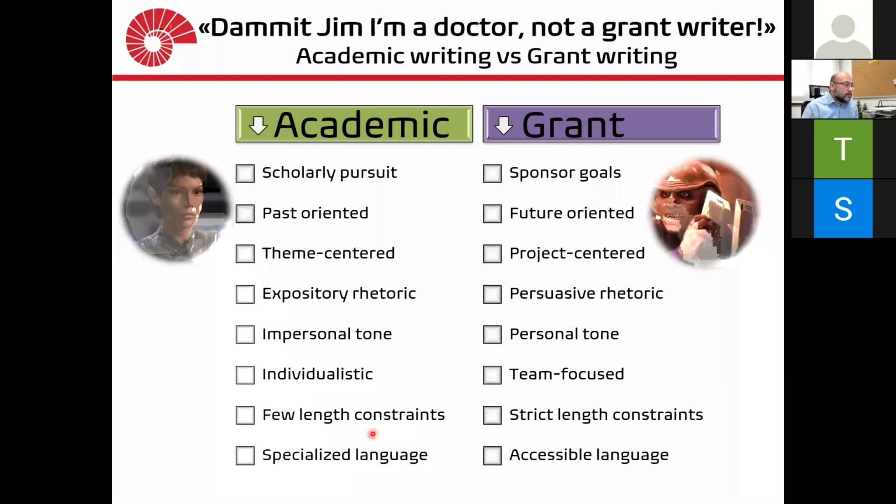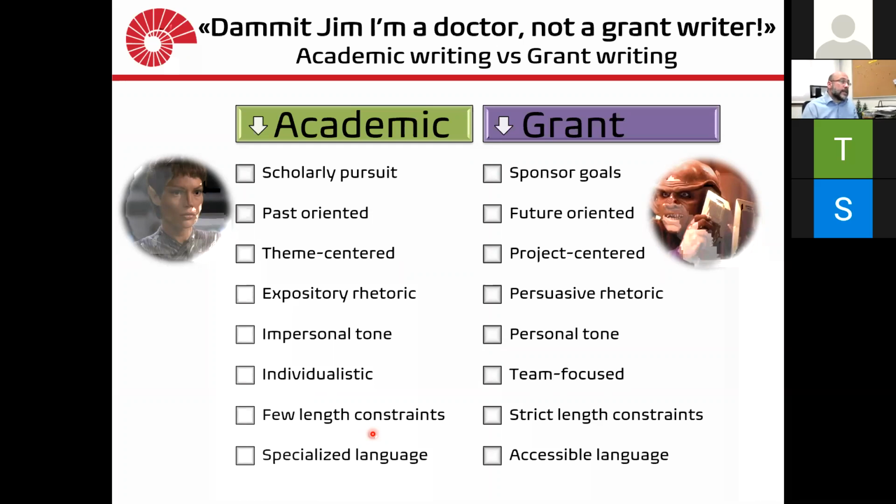But again, there is a bit more flexibility, I would argue, in writing an academic piece. Whereas in grant proposals, this is very, very strict in terms of the length constraints. Brevity is rewarded in grant proposals.